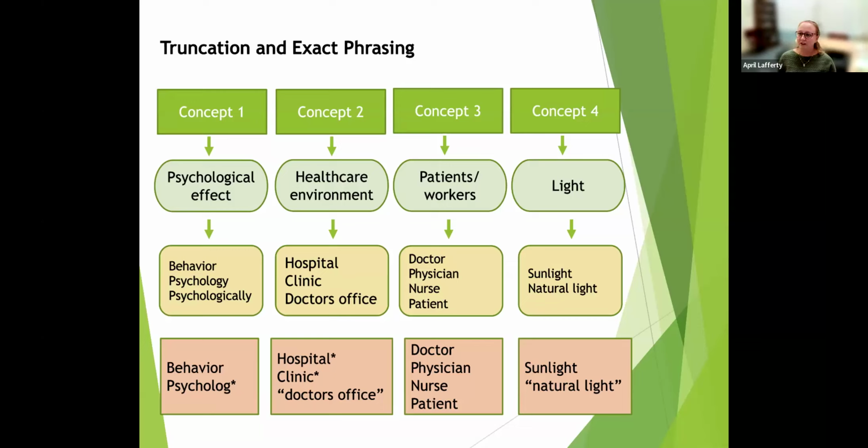There are a lot of different variations of the word hospital also. So if you take the root hospital and put an asterisk at the end of that, it would search for all the variations of that word. Does that make sense? Mm-hmm. It basically saves you from having to type in psychologically or psychology or psychological, psychologist, anything else that has that root psycholog and then something on the end.